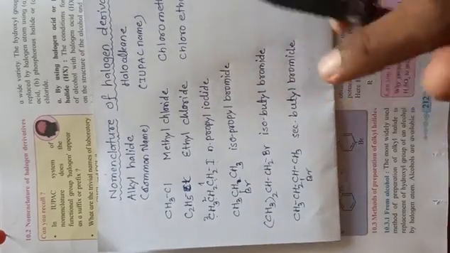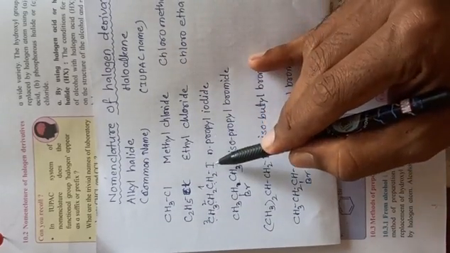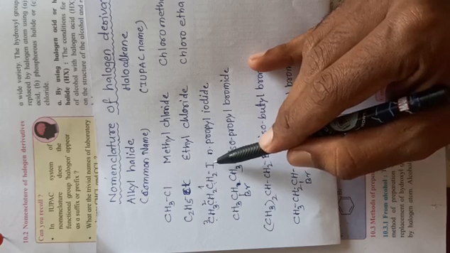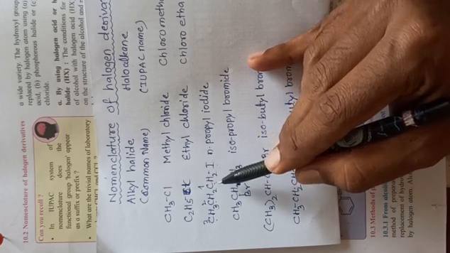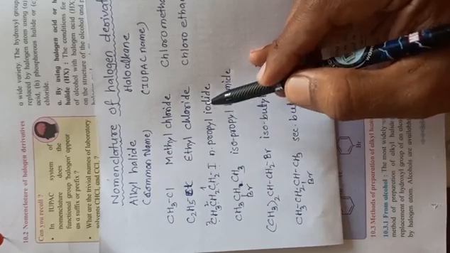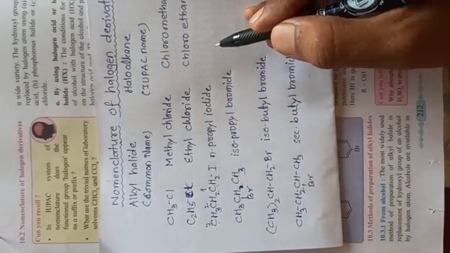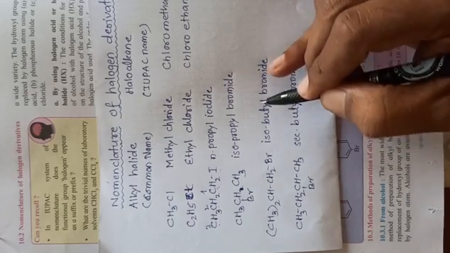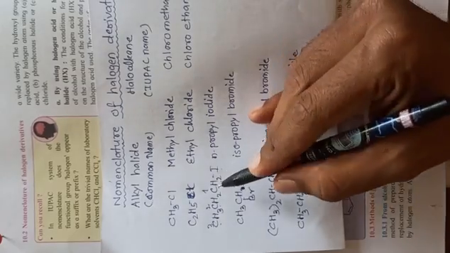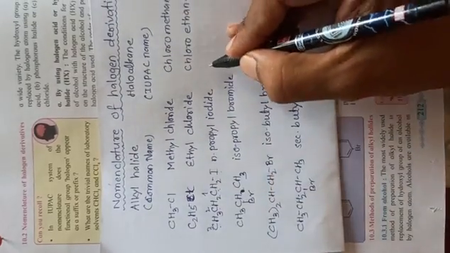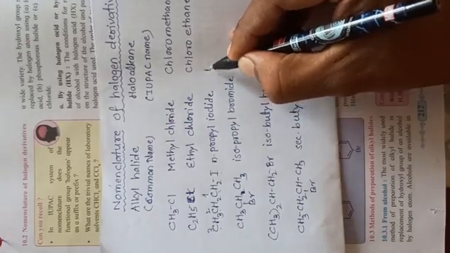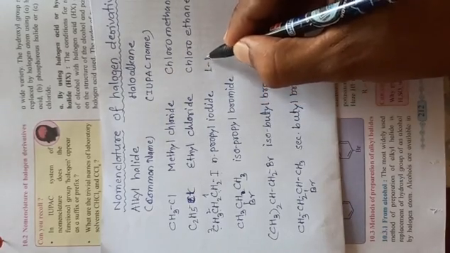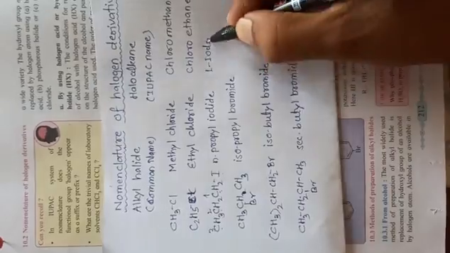Now the halogen atom is iodine, so prefix is iodo. Parent is propane, so it is iodopropane. But we have to write the position of halogen atom, that means in this example position of iodine atom. So iodine is attached to first carbon, so the IUPAC name becomes 1-iodopropane.